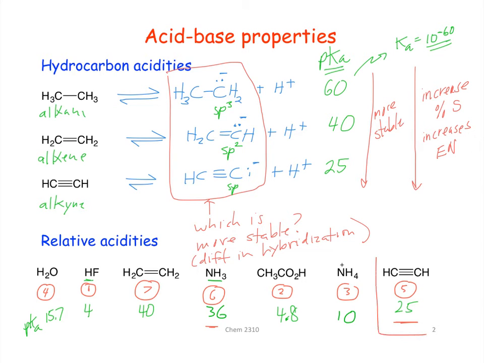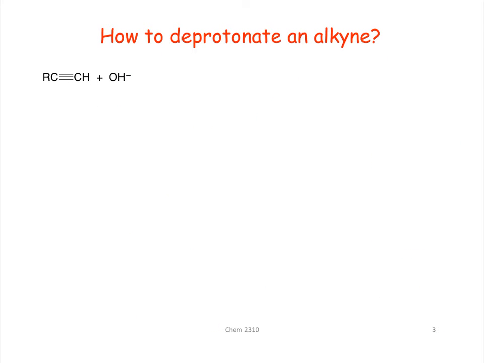So can we actually remove a proton from that chemistry? What do you think? If we add one of our standard strong bases, if we add hydroxide to a terminal alkyne, this pulls off this proton, and these electrons go back onto the carbon.